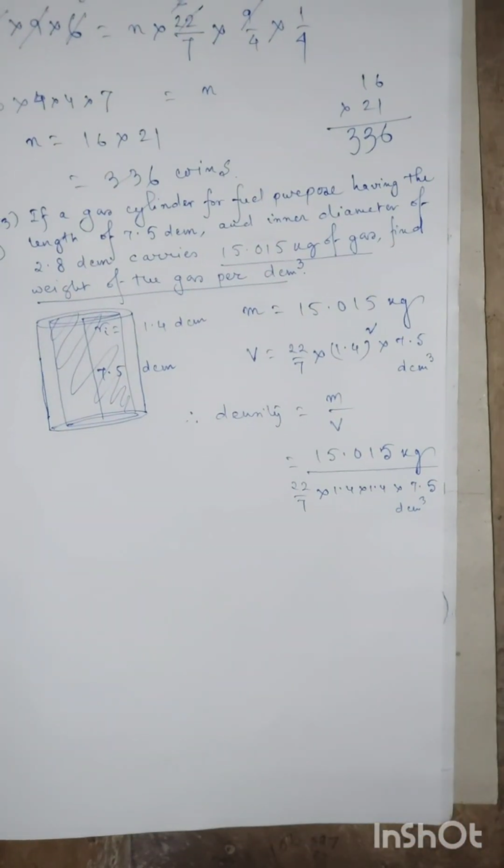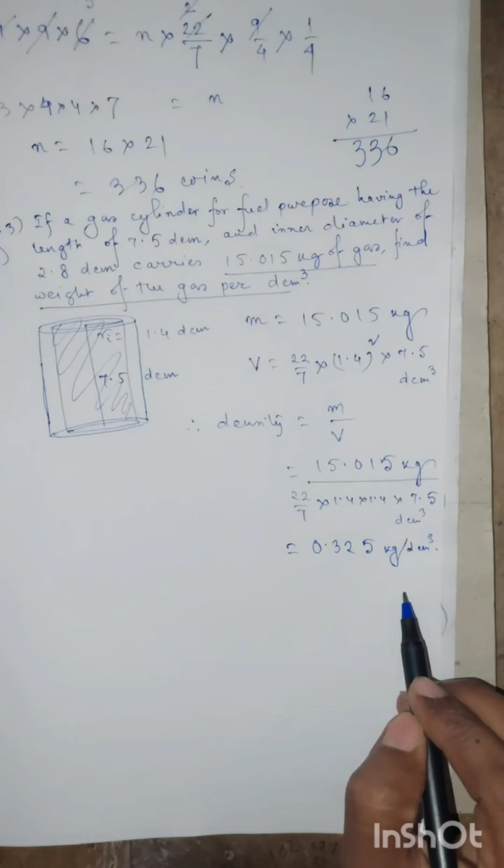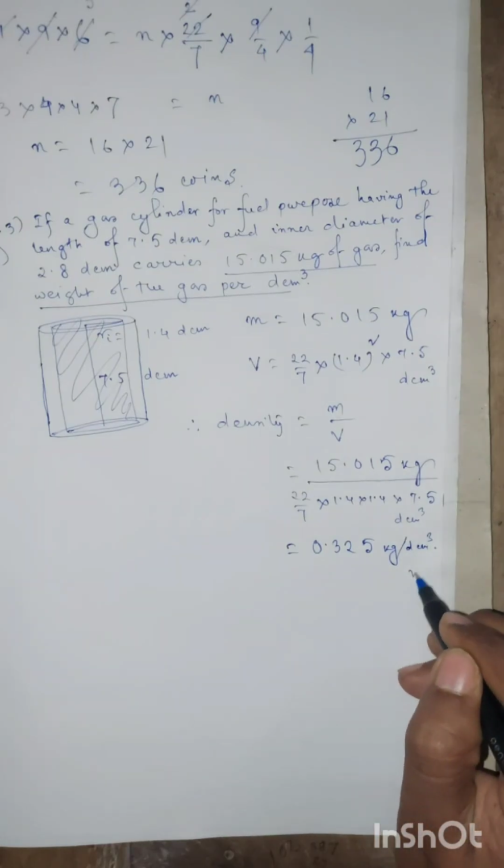So if we calculate it, we are getting 0.325 kg per dcm cube. So this should be our answer.